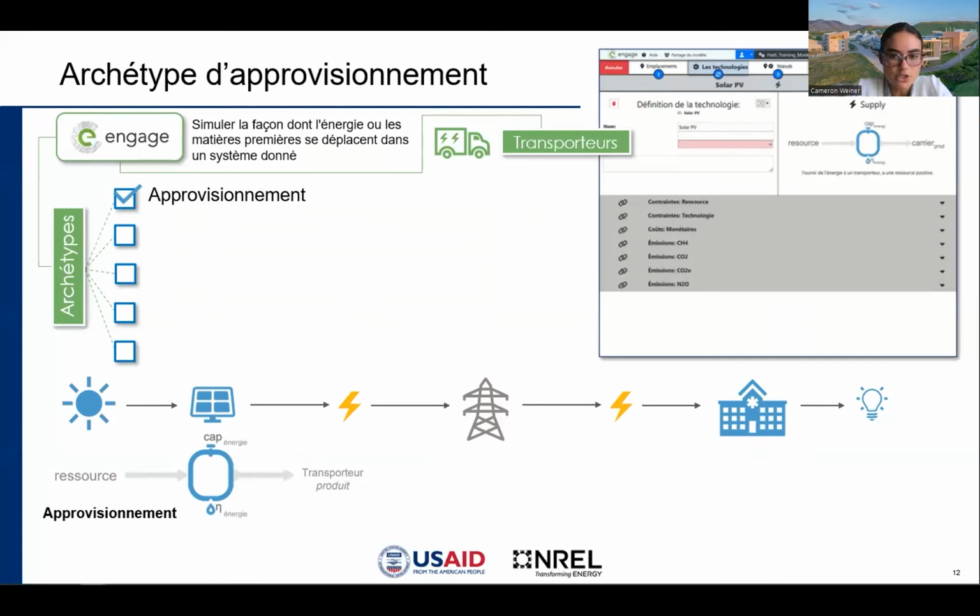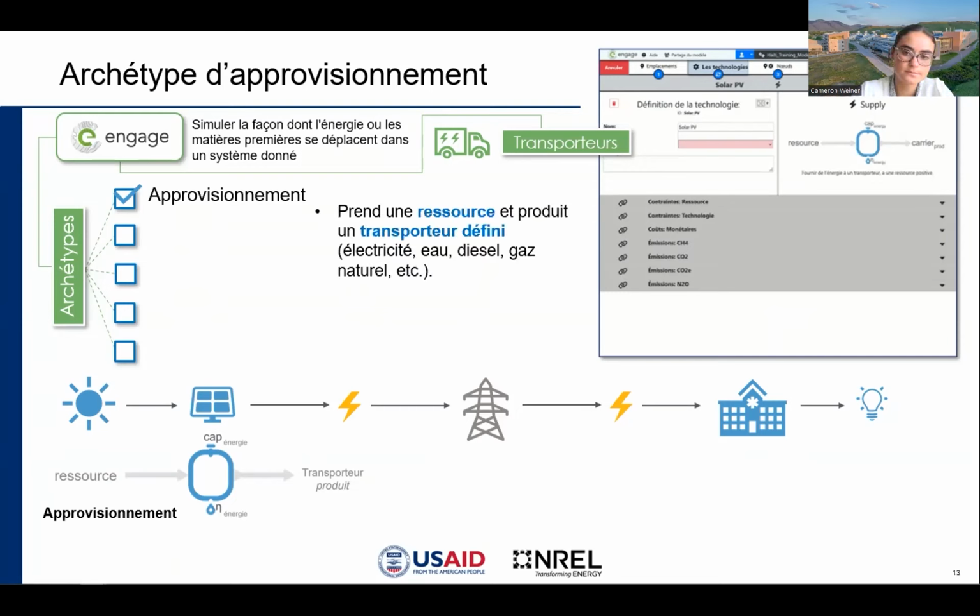So supply technology, which is what you just created, is one of 5 archetype technologies that Engage offers for users to represent different real-world technologies within their models. A supply archetype technology works by taking some type of resource, as shown in the diagram, and uses that resource to produce a carrier that you define.